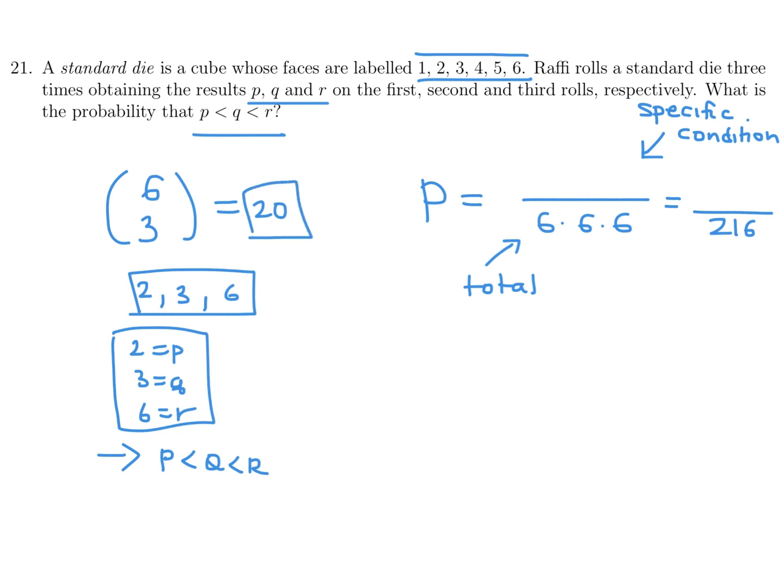So each of those 20 has only one way of being assigned, which means the specific condition is only 20. I'm pretty sure that's right. So then that would be 20 over 216, and in lowest terms, 5 over 54.